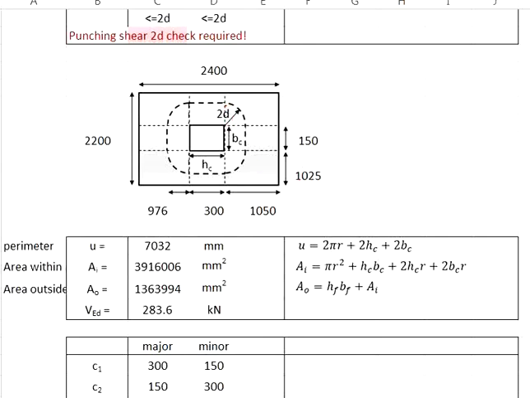To determine the total area within the perimeter, you need the area of the column, which is 300 times 150. You need these areas, which is 300 times 2D. You have two of the same size, so multiply by 2.